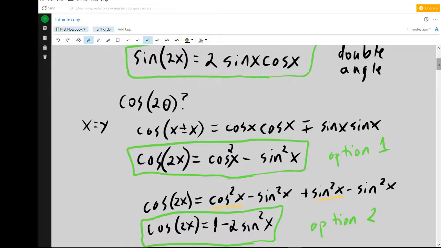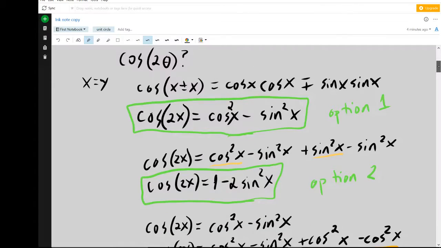Again, we're going to sub in x for every y, so we get the double angle. In this case, you're going to get cosine x cosine x minus sine x sine x. That's the base one, right? That's going to be cosine squared minus sine squared. That's option 1.